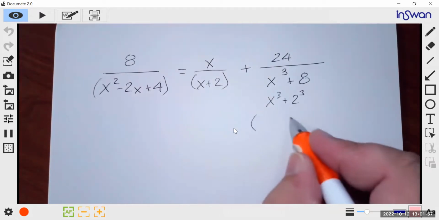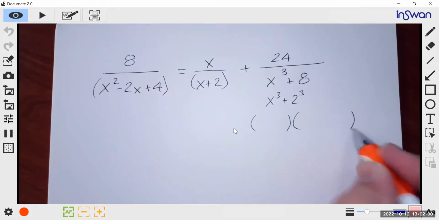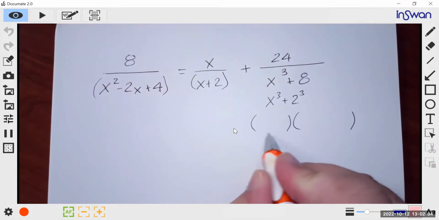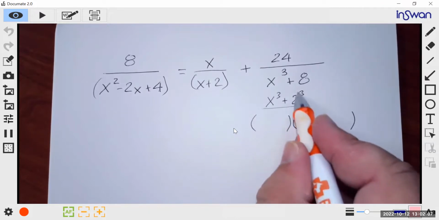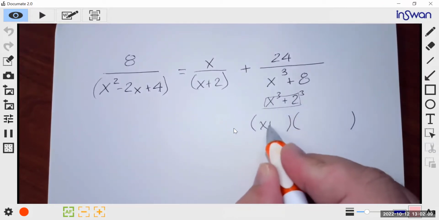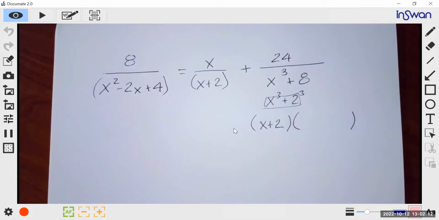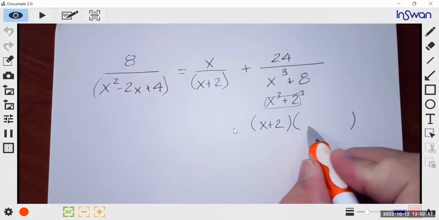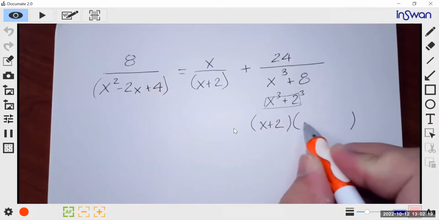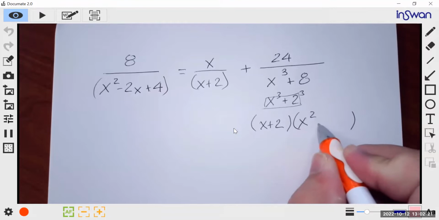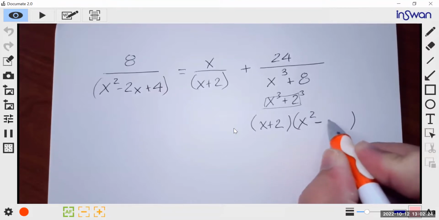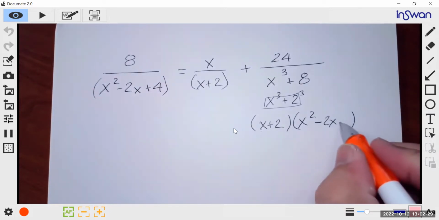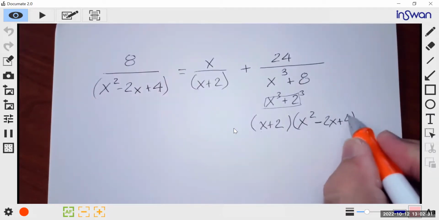Which means we can factor this one using the rule we just learned. What goes in the first parenthesis? Yeah, it's whatever's under the cube. So it's x plus 2. Inside the second parenthesis, x squared, sign minus, 2 times x, 2x, plus 2 squared, which is 4.